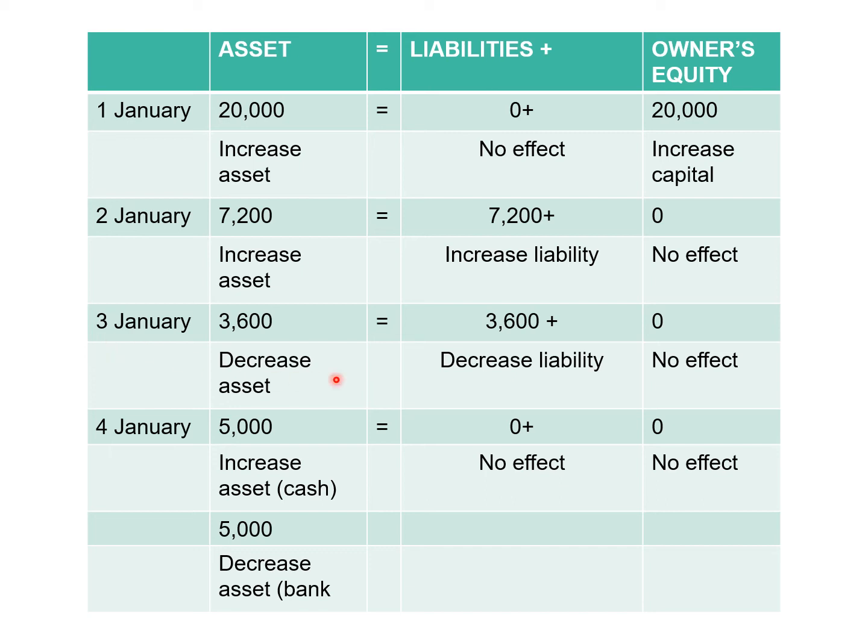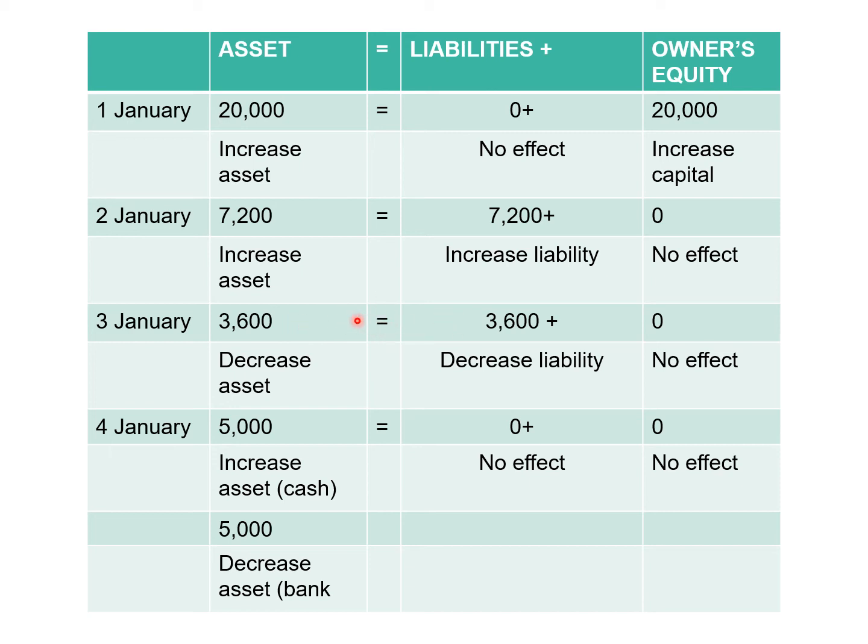3 Januari, dia bayar dekat Wong, tapi dia bayar separuh je. So what happen? Bila dia bayar separuh, guna duit dalam bank, so dia akan decrease asset. Asset yang decrease ni bukan asset yang ni, 7,200 ni maintain. Asset yang decrease ni adalah duit daripada bank dia yang diguna untuk bayar dekat Wong. 3,600 right here.